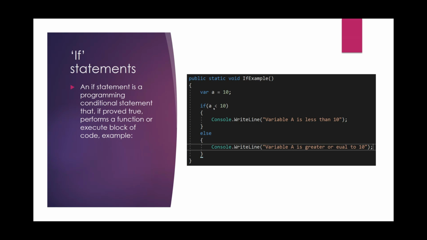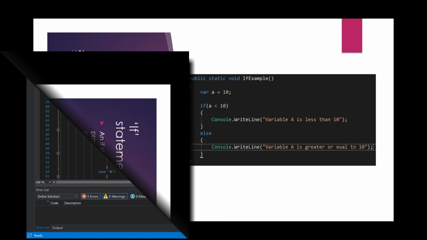In the if statement, there is a condition. If the condition is met, then this block is executed. Otherwise, this block will be executed. So in our example, if a is less than 10, then this block will be executed. Otherwise, this other block will be executed.